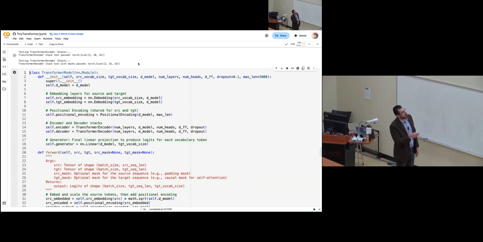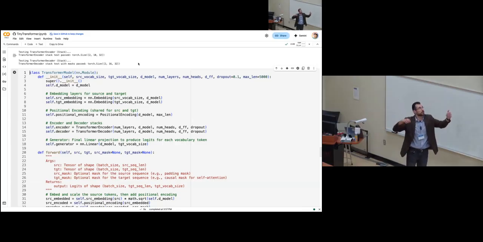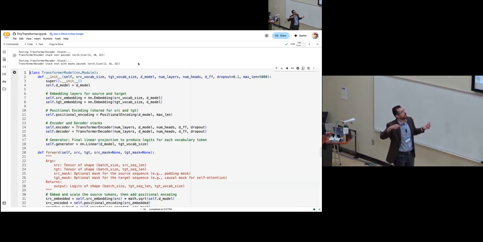And this generator is that classifier that I talked about that you need to put at the end of your decoder layer. Remember that S1 came out and went into a classifier that generated the probability over all the words in your dictionary. That's this final classifier, the generator.